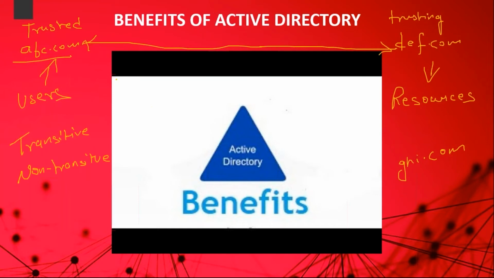If domain A trusts domain B and domain B trusts domain C, then domain A will trust domain C. That is transitive trust. Now, what can be non-transitive trust? In non-transitive, if domain A is trusting domain B and domain B is trusting domain C, that does not mean that domain A will trust domain C, right?